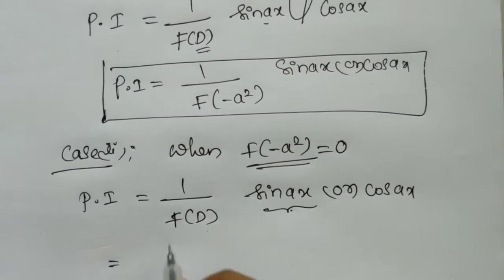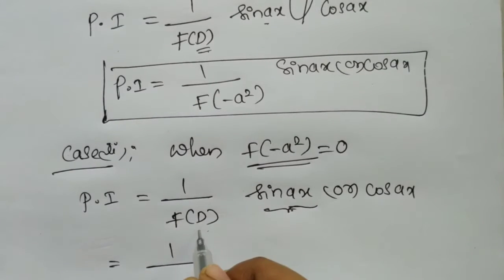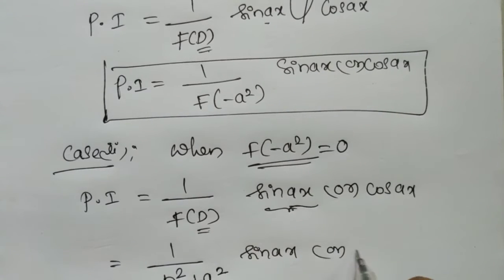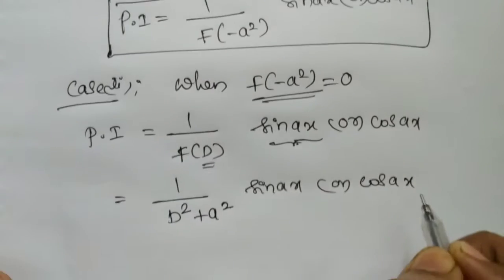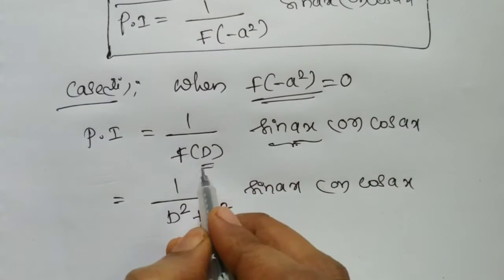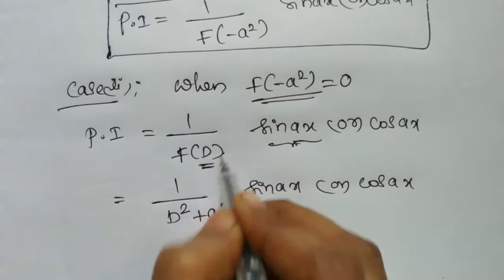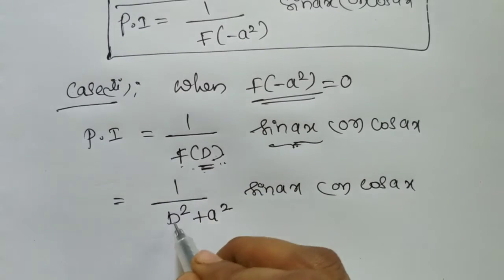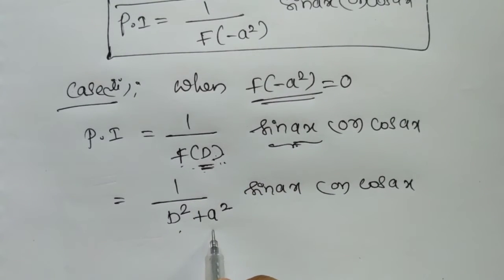In place of D here I am writing D square plus a square. Substituting D square equal to minus a square, then the f of D value is 0.